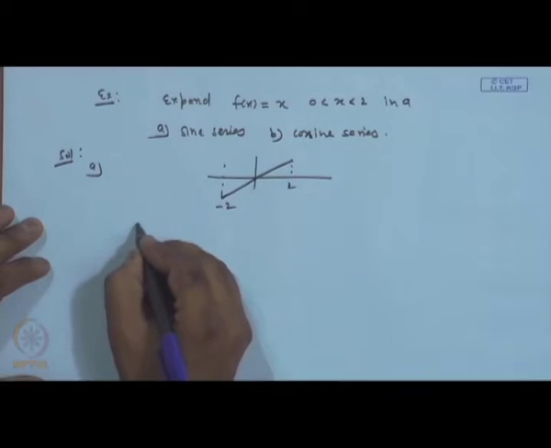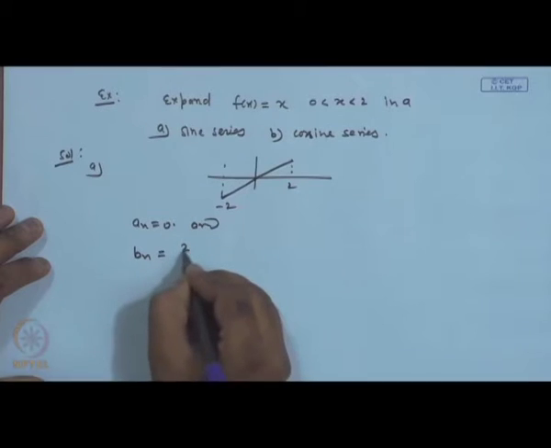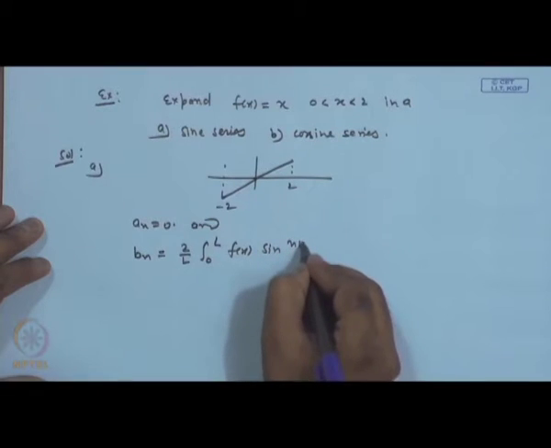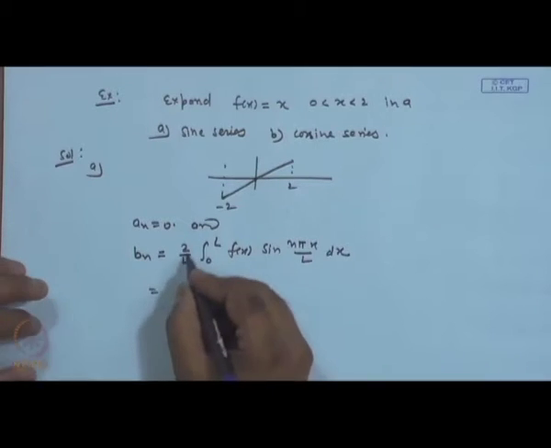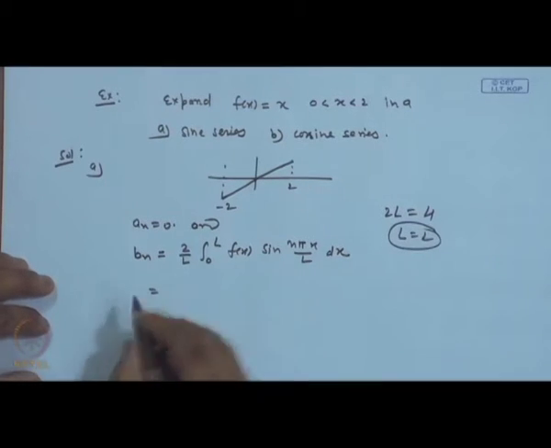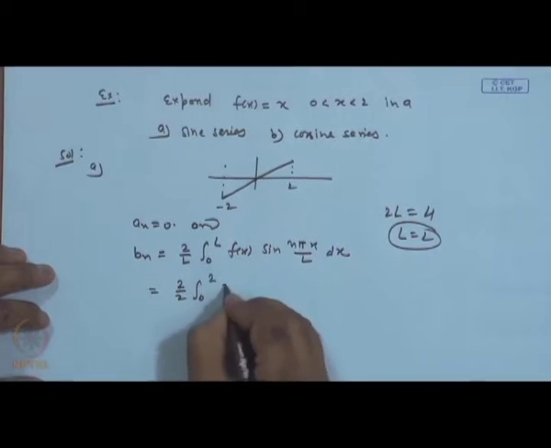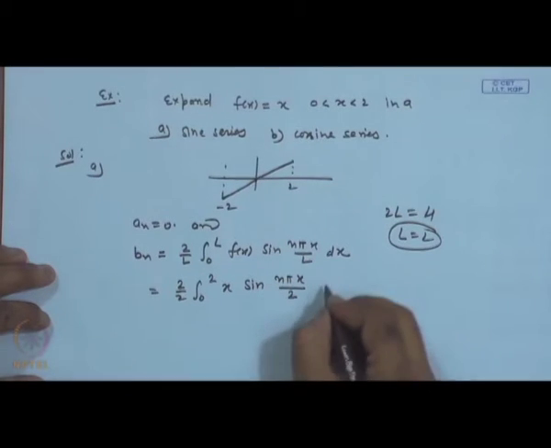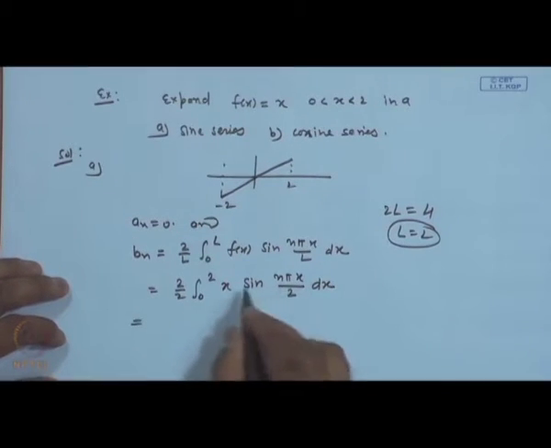In this case a_n will be 0, and b_n will be 2 over L, integral 0 to L, f(x) sin(n pi x over L) dx. So, 2 over 2, because our 2L is 4, so L is 2. So, we have 2 over 2, integral 0 to 2, f(x) is x, and we have sin(n pi x over 2) dx. So, we integrate by parts.